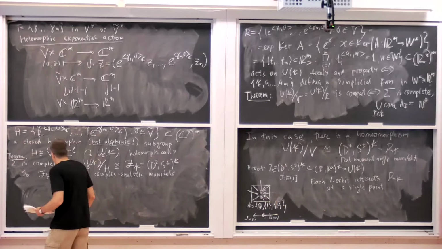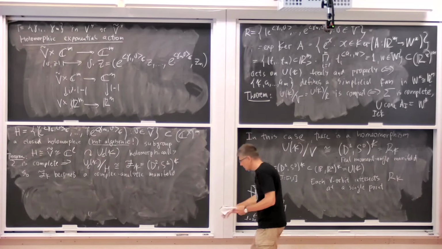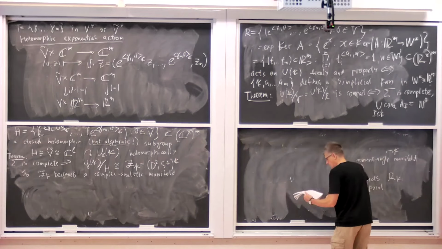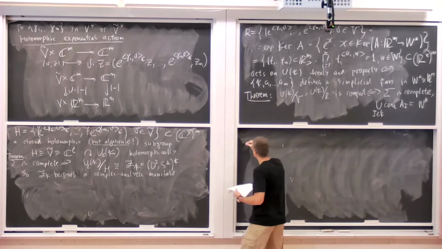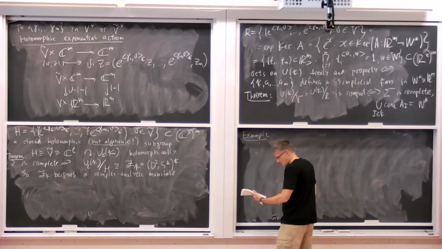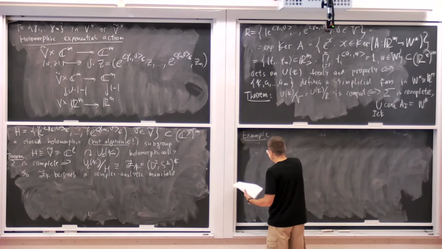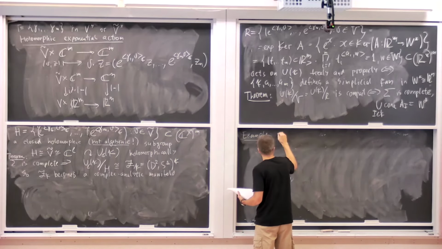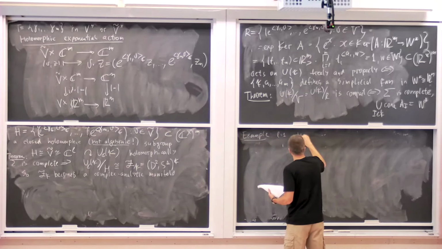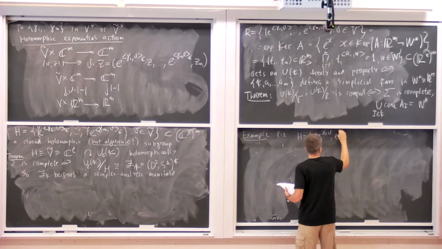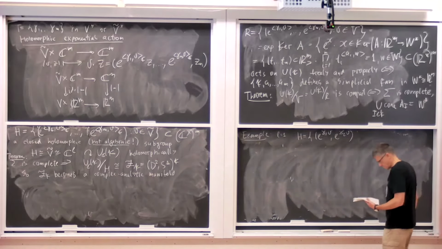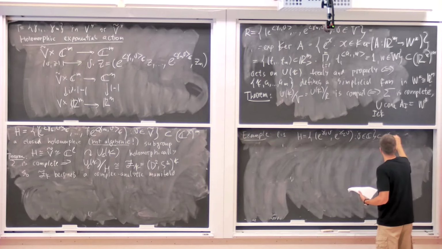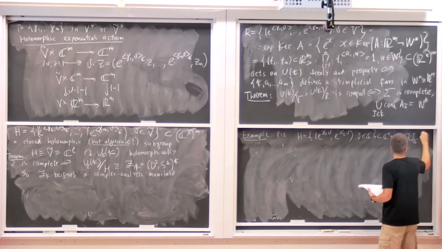So okay, let's do an example now. Again, L is 1, so you have a one-dimensional group H, and that sits inside C star cross C star, which is U C of the empty set, as we know.